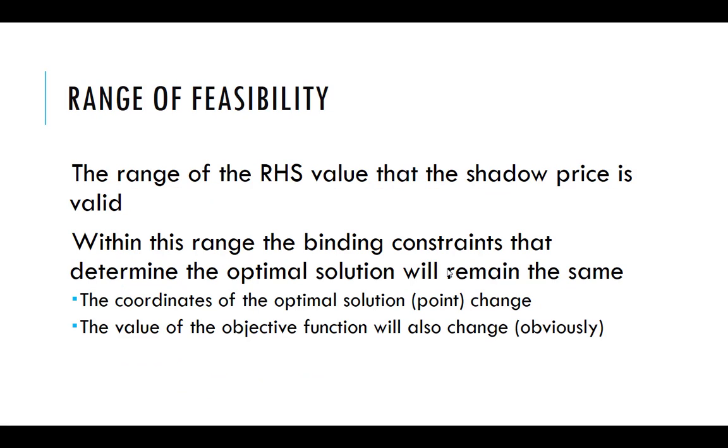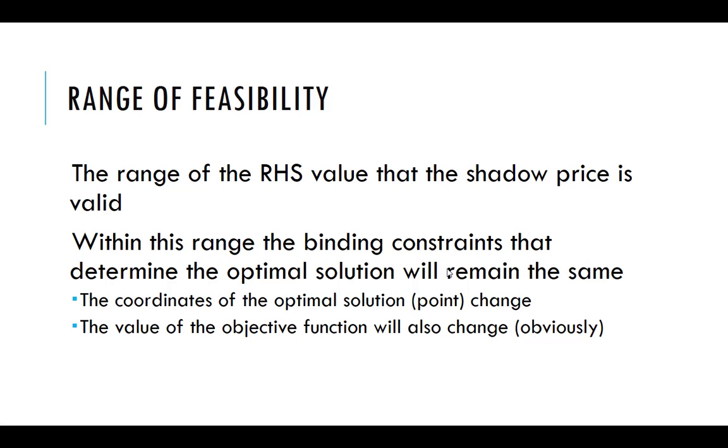In addition to the shadow price, the amount that we're willing to pay for an additional unit of the resource, we want to know what range that number is valid for. That's called the range of feasibility. Within this range, the binding constraints that determine the optimal solution will remain the same. In our case, we had labor and plastic as our binding constraints.